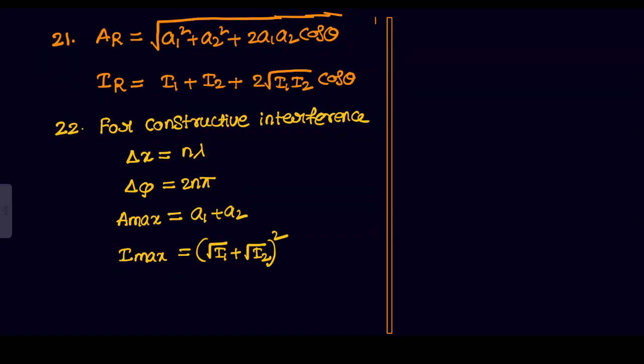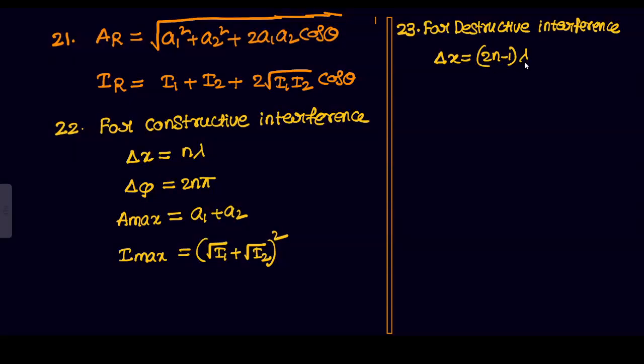Next. And for destructive interference, what are the conditions? Tell me now. Path difference is how much? 2n minus 1 into lambda by 2.